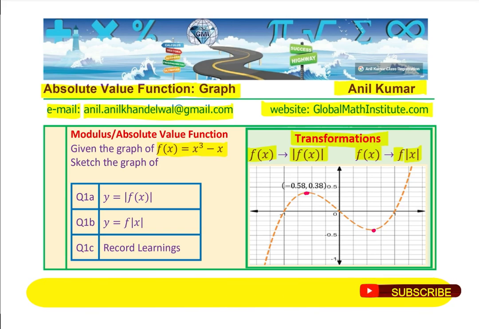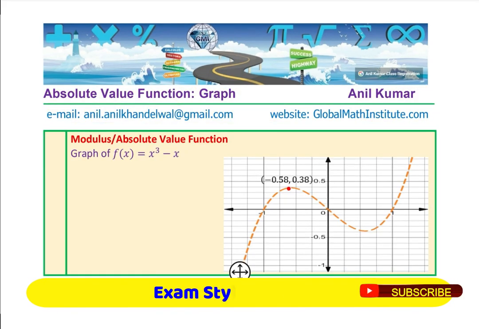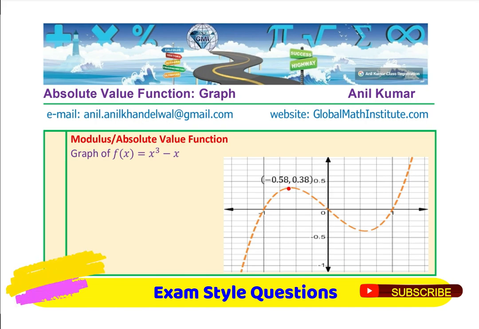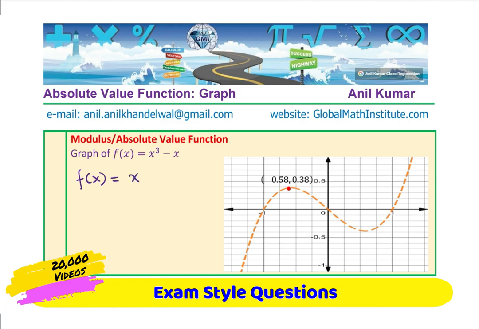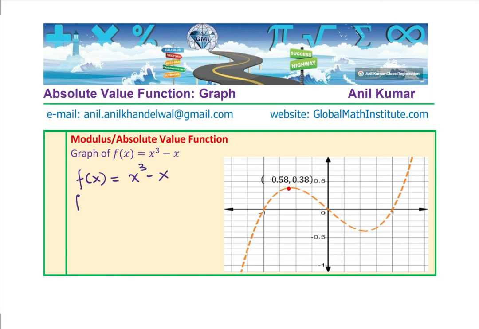Now, let's look into the solution of this particular question. Give me a moment to discuss the function itself, which is extremely important. We are given the function f of x equals x cubed minus x. You can see that this function is an odd function. It has odd symmetry. f of minus x will be what?